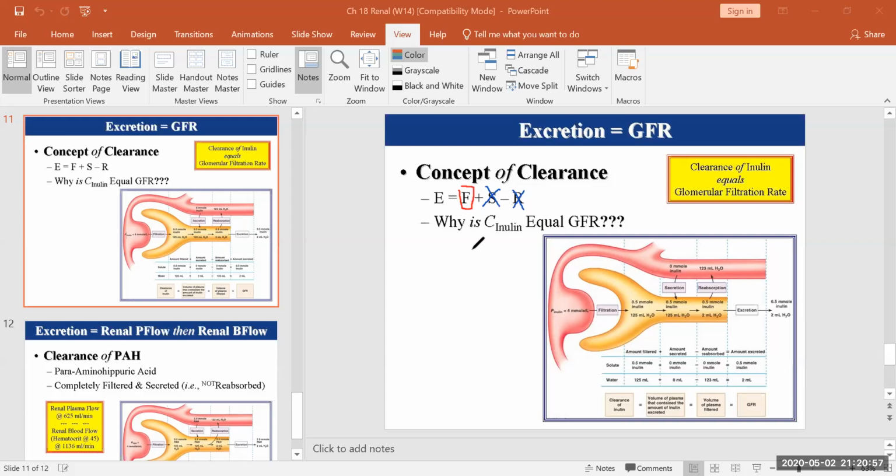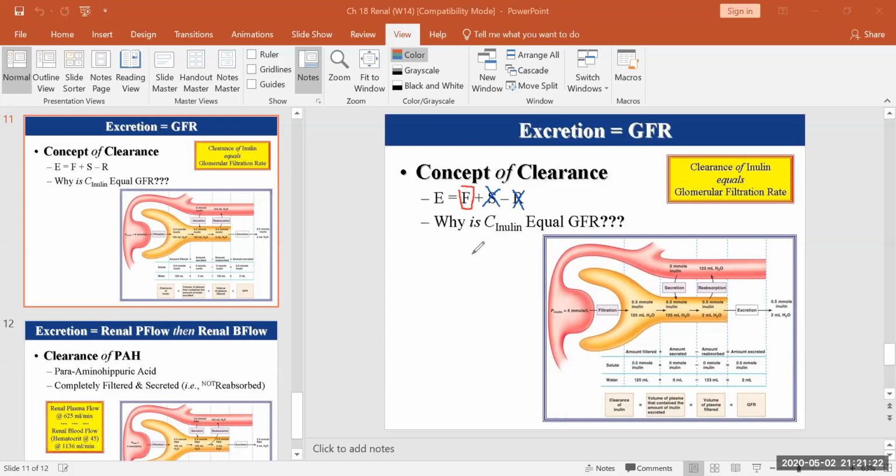So let me repeat. If there's a chemical that the kidneys, the nephrons, only filter, but the nephron is not secreting that same chemical, and the nephron is not reabsorbing that same chemical, of the three mechanisms, it only filters it.